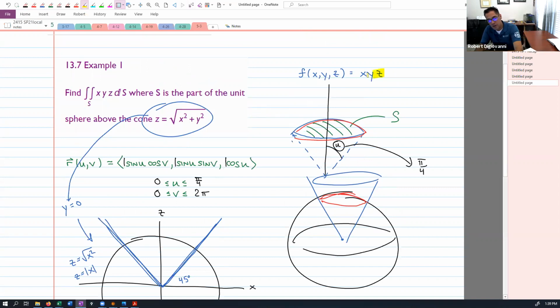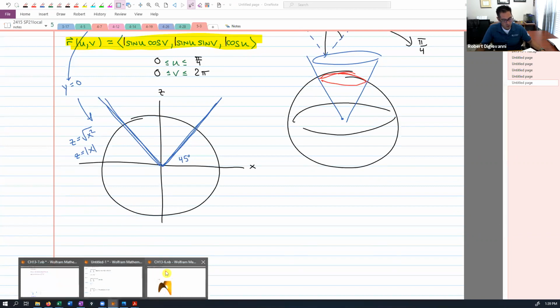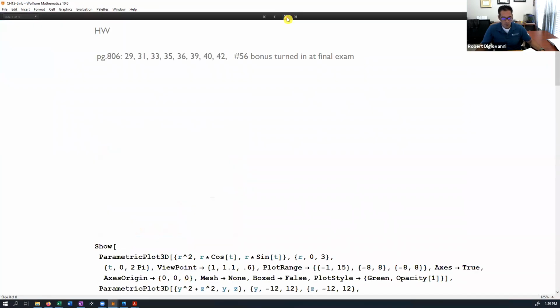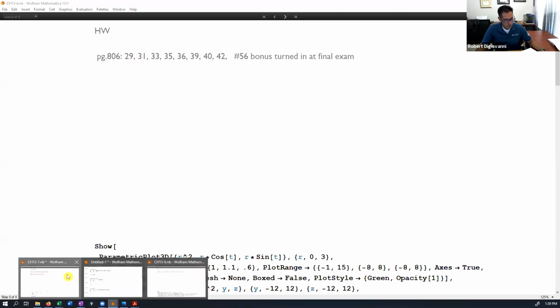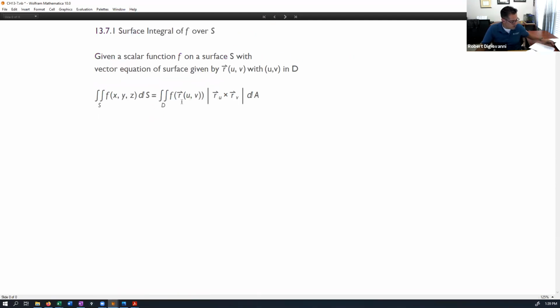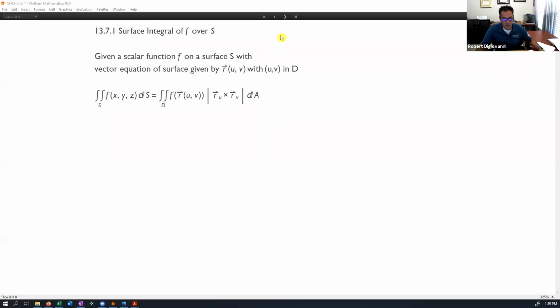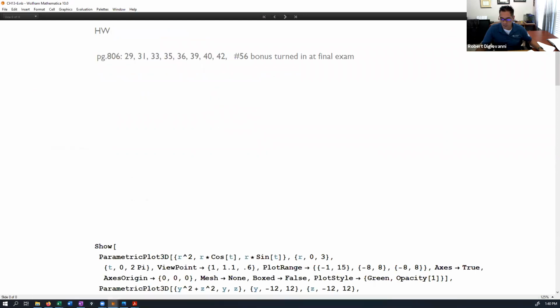Okay. So we have our scalar function. We have the function that draws the curve. And what we're doing is, this is formula A on the sheets that I sent out today. It's this one right here. Oh, you know what? Let's do this.